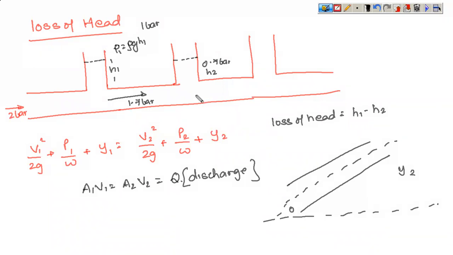Your job will be to measure the pressure heads at various locations due to various system properties. This can be due to increase or decrease of height, increase or decrease of friction, or if the operating conditions vary, then also you can have an increase or decrease of pressure head, and that is called loss of pressure head.